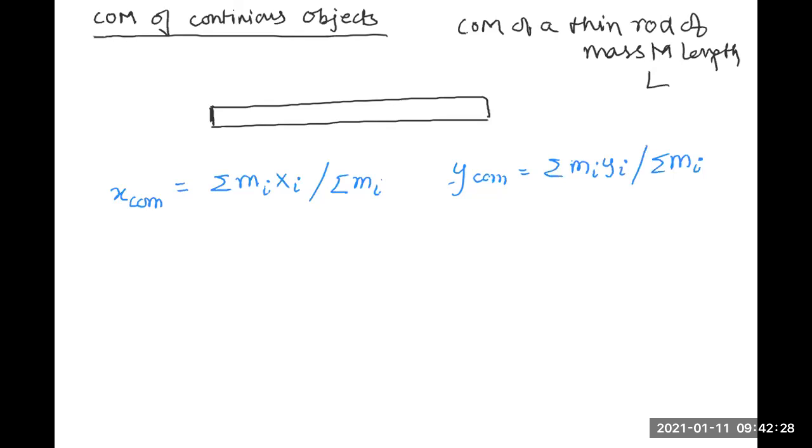Right? So you have converted a set of continuous objects into a set of discrete objects.